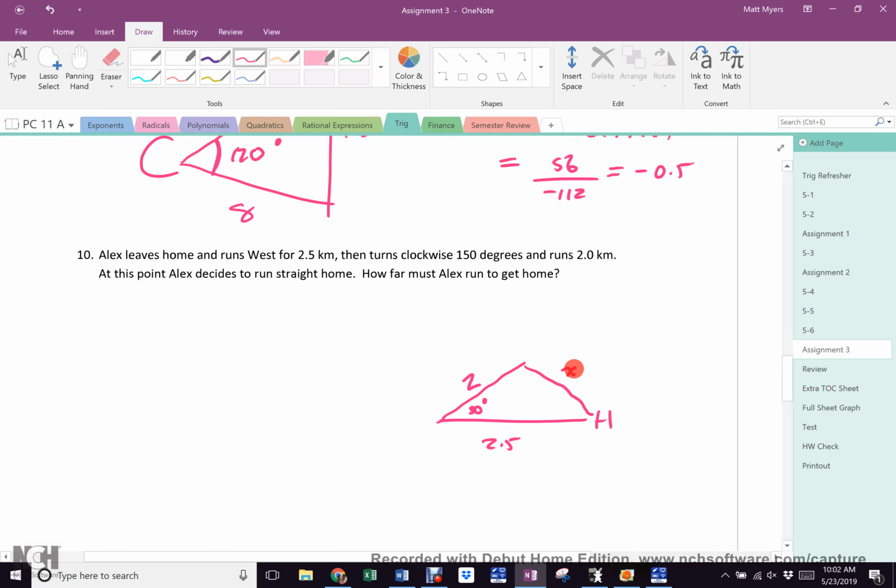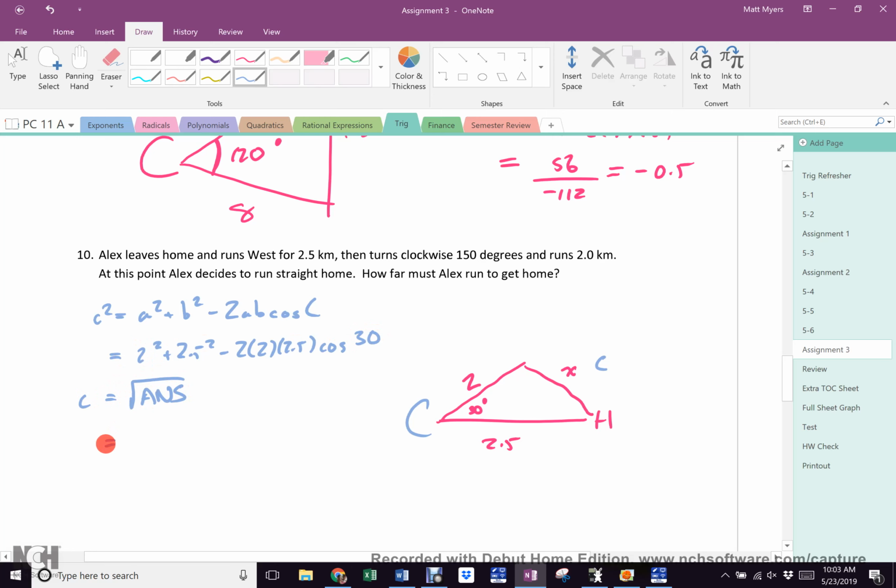Big C. C squared equals a squared plus b squared minus 2ab cos C. 2 squared plus 2.5 squared minus 2 times a, you idiot head, 2 times 2.5 times cos 30. And then what do I got to do to that whole answer? C equals the square root of my answer.